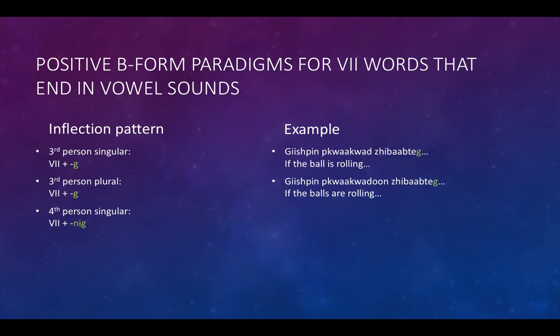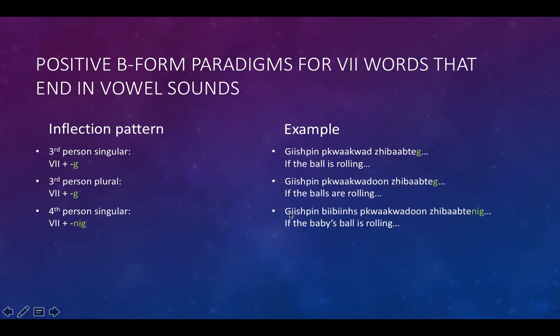Moving on to fourth person. Instead of ending our VII words with a G suffix, we're ending them with a nig suffix. So in here, we have gishpin bibis pkwakwadon jaboptenik. That means if the baby's ball is rolling.